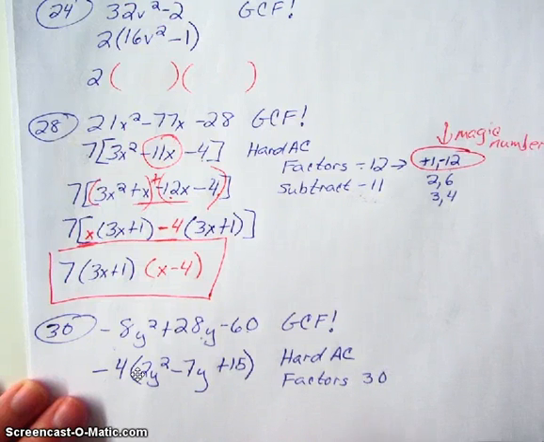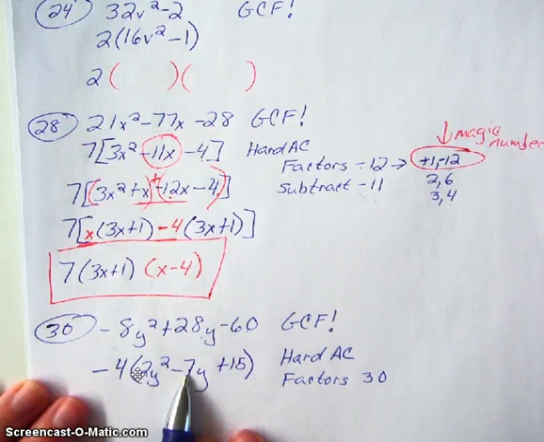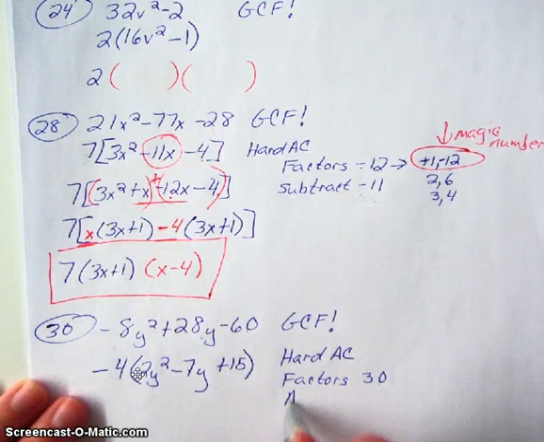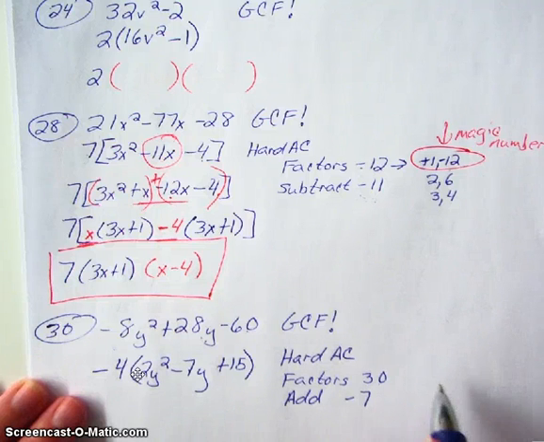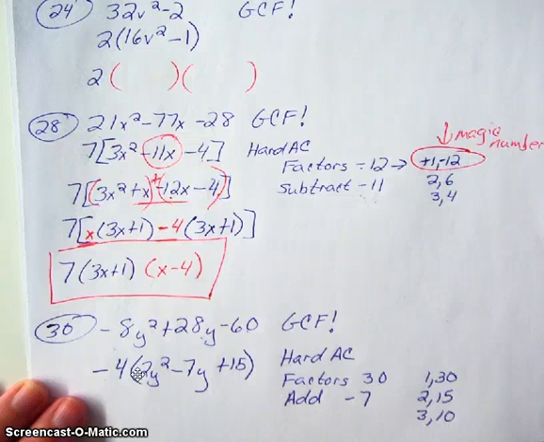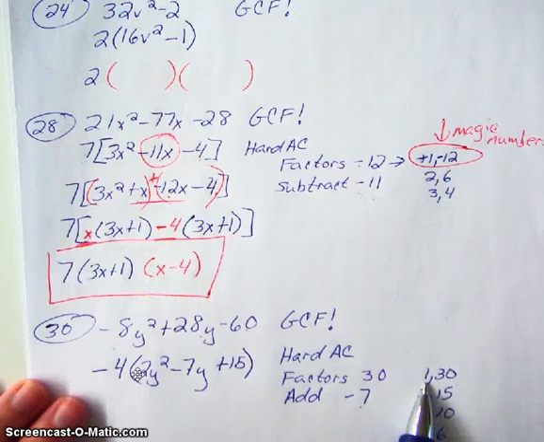Now this is a positive number, so I need them to add to negative 7. Right? So let's see what are factors of 30. You can do 1 and 30, 2 and 15, 3 and 10, 5 and 6. So let's see, which pair adds to negative 7?